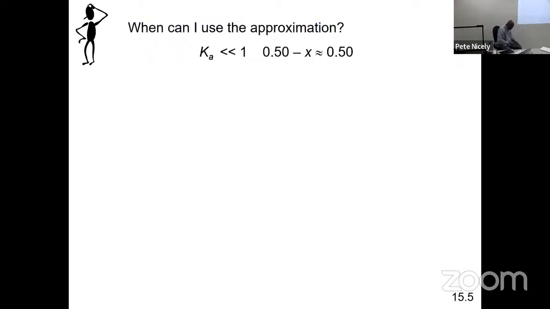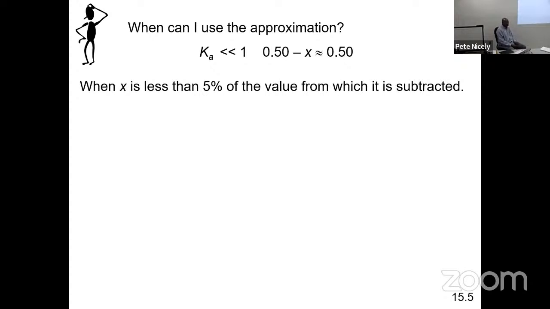So, as you alluded to, there may be certain situations where you can't make that approximation, and therefore you do have to go the longer route and solve the equation for X, right? So the question now is, when can I make this assumption or approximation? And the criteria that is used, if you look in pretty much any general chemistry textbook, is that X is less than 5% of the value from which it is subtracted.